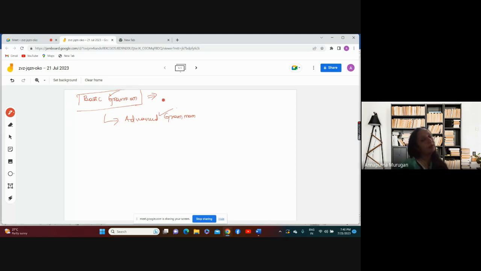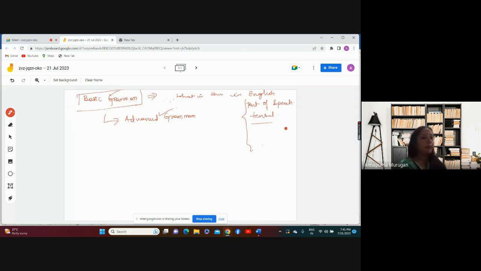Basic grammar means you will be understanding or knowing what is there in the English language. That means all the types of parts of speech and tenses, and some of the basic ideas you will be knowing.